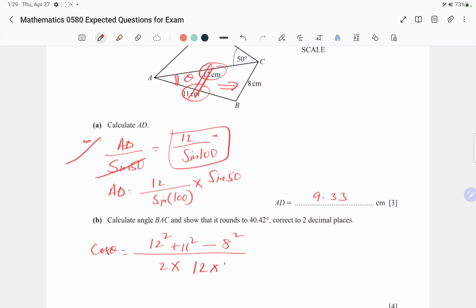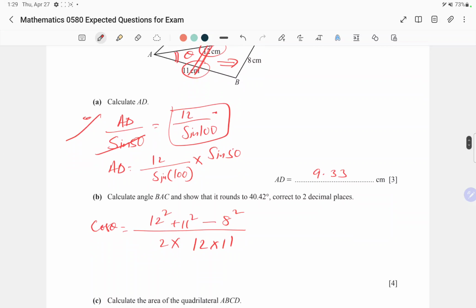So theta equals cos inverse of 12 squared plus 11 squared minus 8 squared over 2 times 12 times 11.